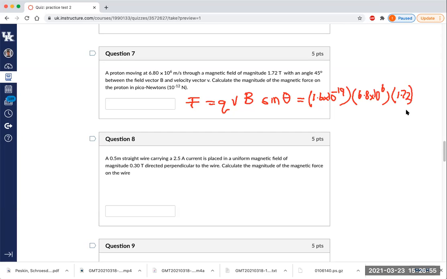And the sine of the angle between the direction of the field and the direction of the proton. So it's sine of 45 degrees. And if you multiply all those quantities, I computed it over here, I got 1.3 times 10 to the minus 12 newtons. 1.3 piconewtons.